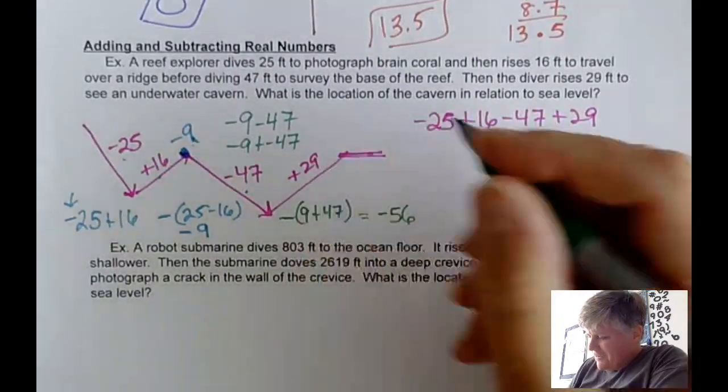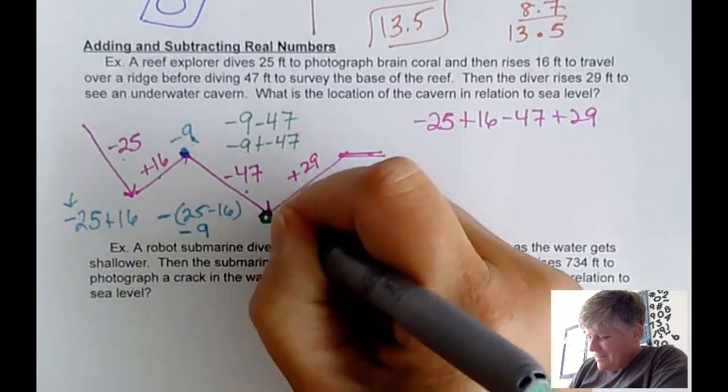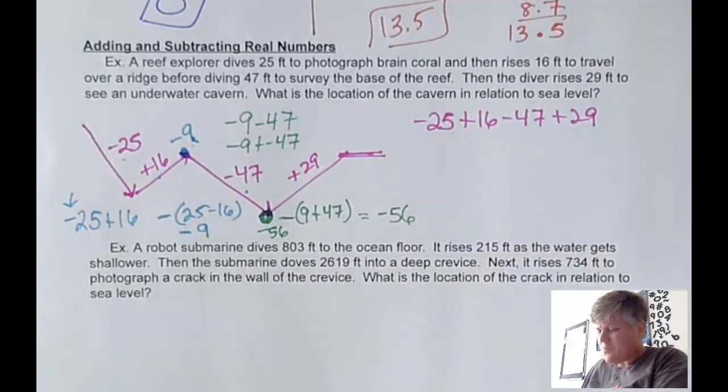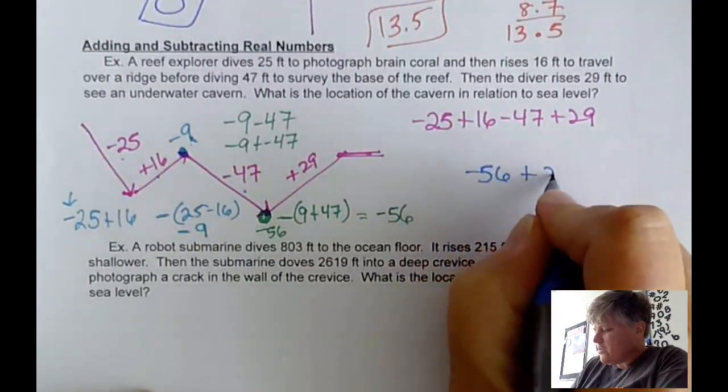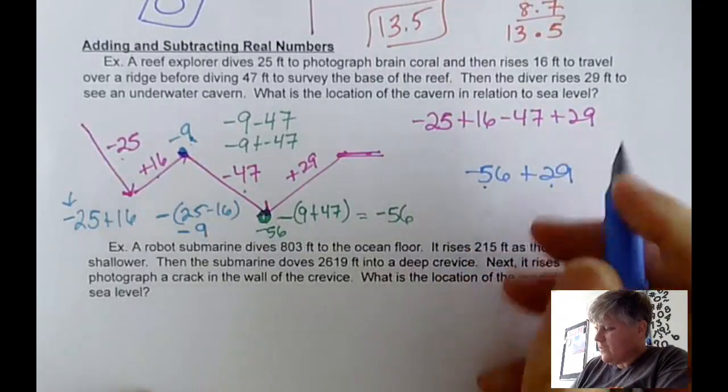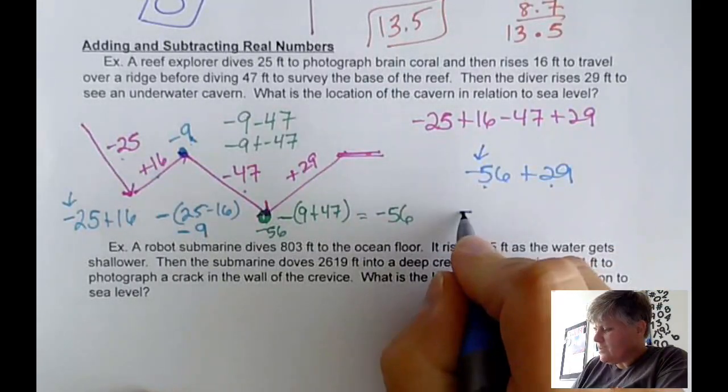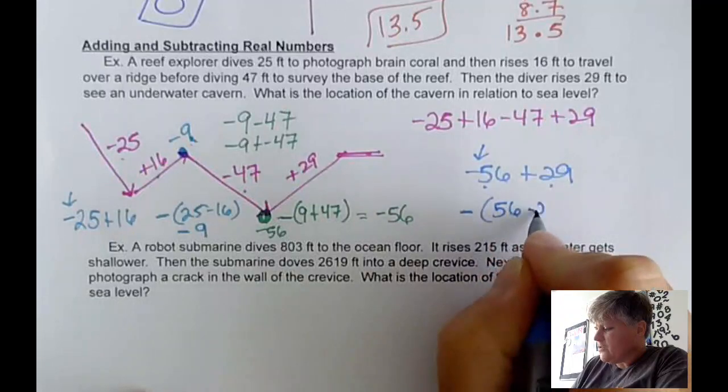So now we're at negative 56 feet. He's at 56 feet down. And so now he's going to rise back up. And so we're at negative 56 plus 29. Signs are different, so we're going to take the difference and use the sign of the larger number.